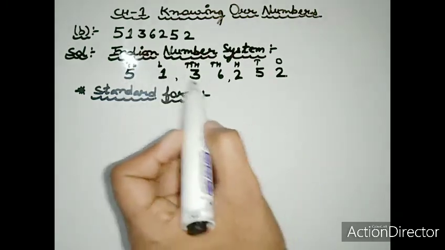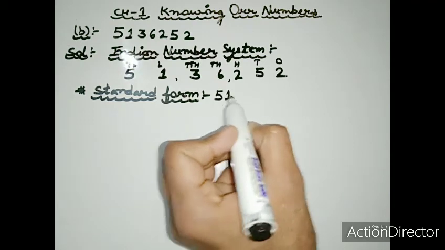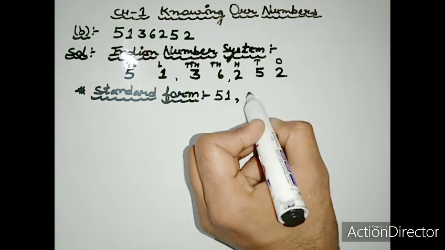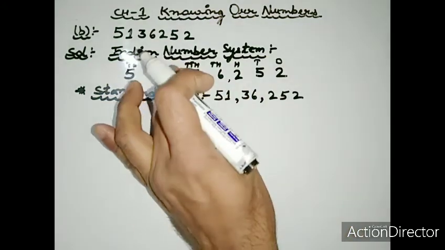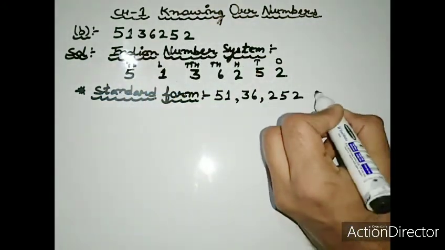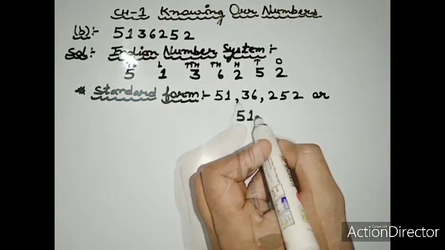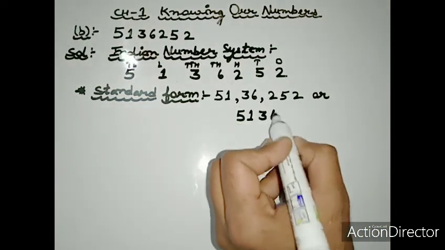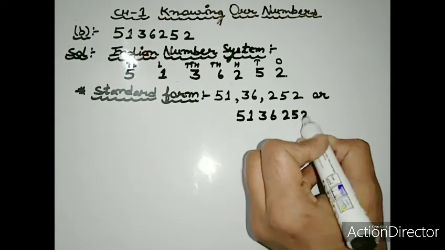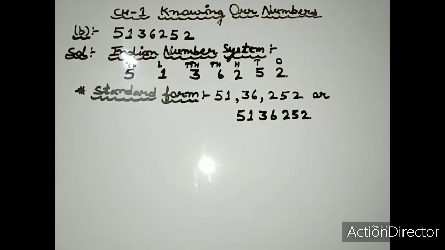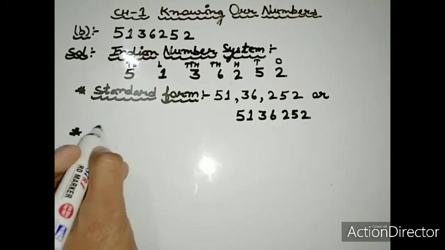So we write this number by using comma, like 51 comma 36 comma 252, and we also write this number by leaving space. So here 5136252. Okay students, now we write the expanded form of this number.